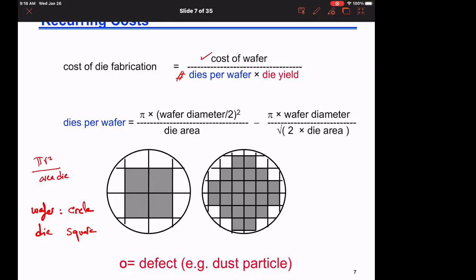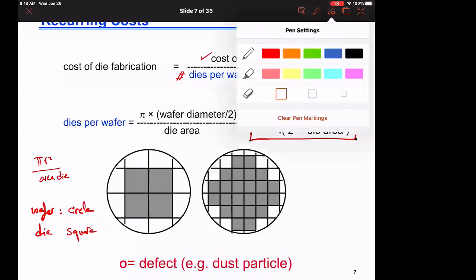We have to subtract a factor to compensate for the peripheral dies that are not perfect, that cannot fit into this wafer. So this is the component where we subtract this factor.